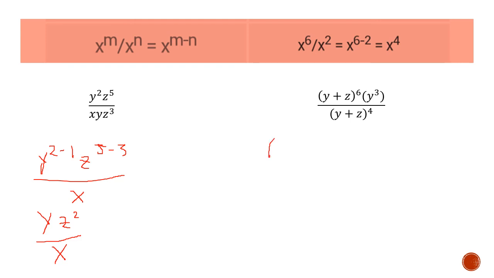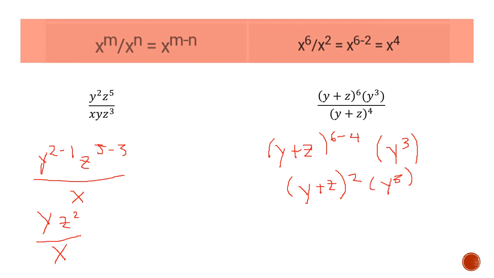So, y plus z is to 6 minus 4. And this will be multiplied by y is to 3. So, this will be y plus z, 6 minus 4 is equal to 2 multiplied by y cubed.